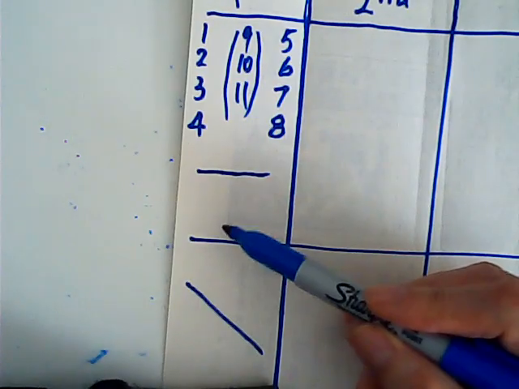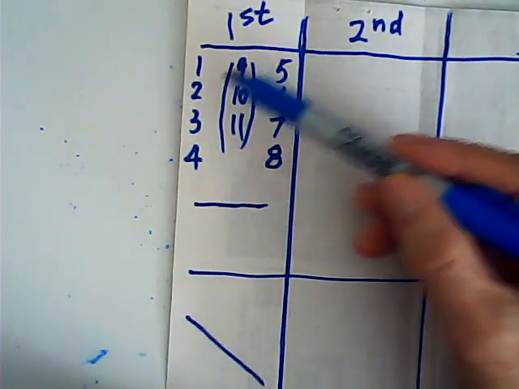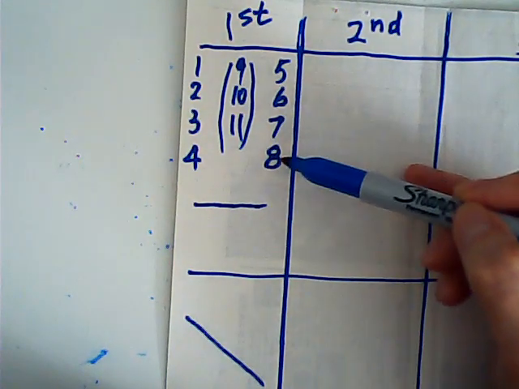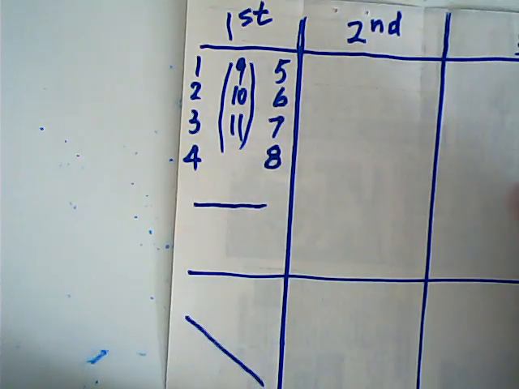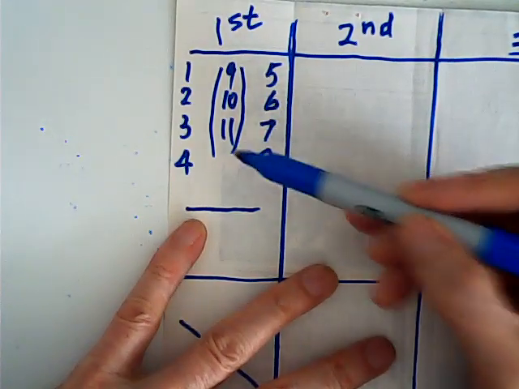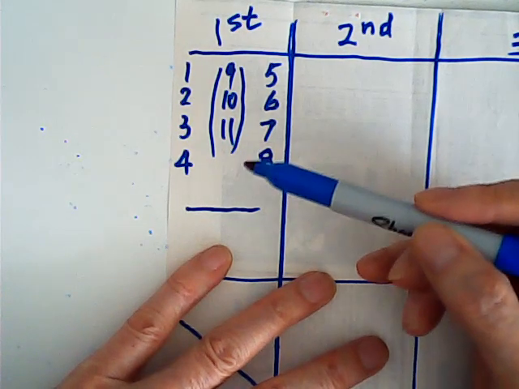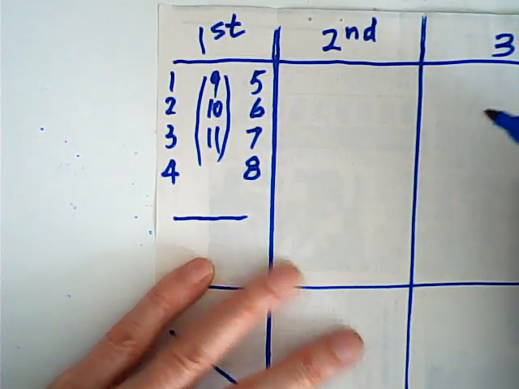If it's balanced, that means 1, 2, 3, 4, 5, 6, 7, 8 are all normal eggs. They're all alike. Only 9, 10, 11, these 3 eggs, one of them could be abnormal, right?